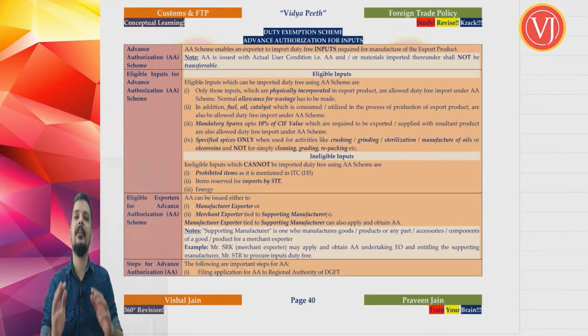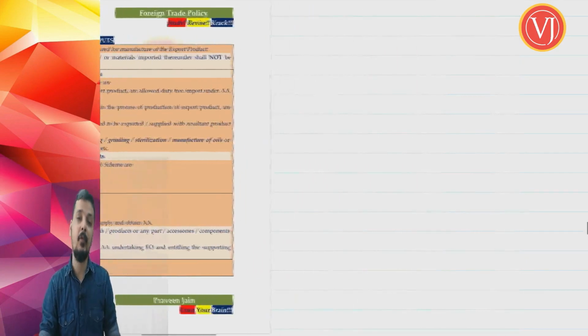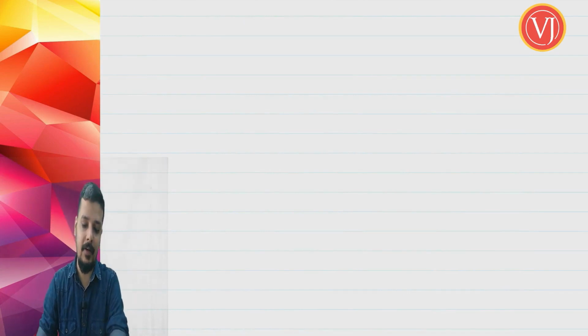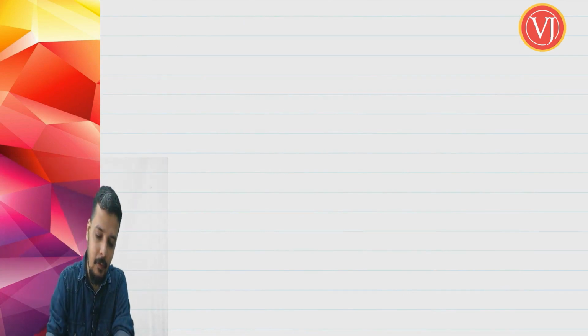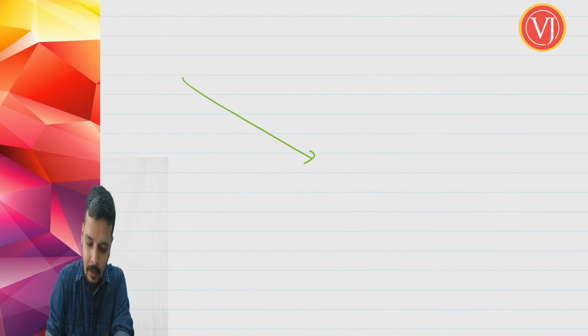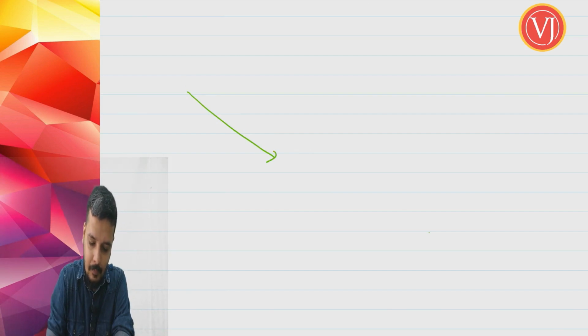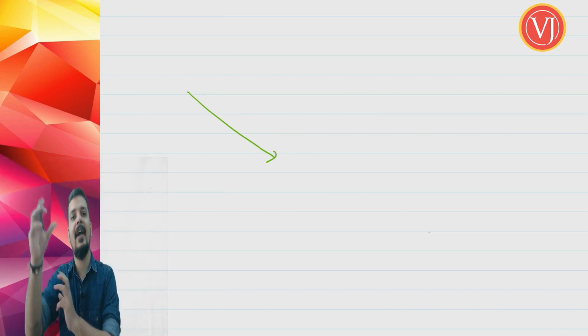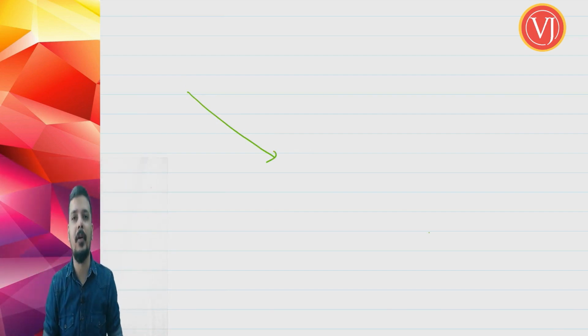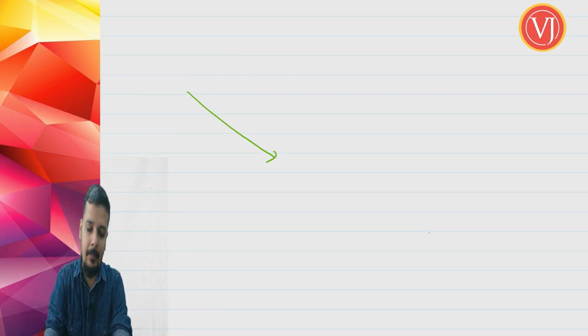Right, so the focus in this subtopic, friends, will be only on your advance authorization, where we are talking about your inputs to category. In that master example, it was input 2, where we were talking about your duty exemption scheme. So I will maintain the same thing.